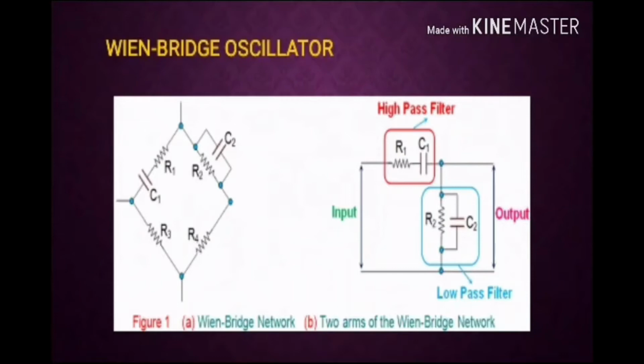In particular, one arm has resistor and capacitor connected in series while the other has them in parallel. This indicates that these 2 arms of the network behave like a high pass filter or low pass filter, making the behavior of the circuit shown in figure 1b.